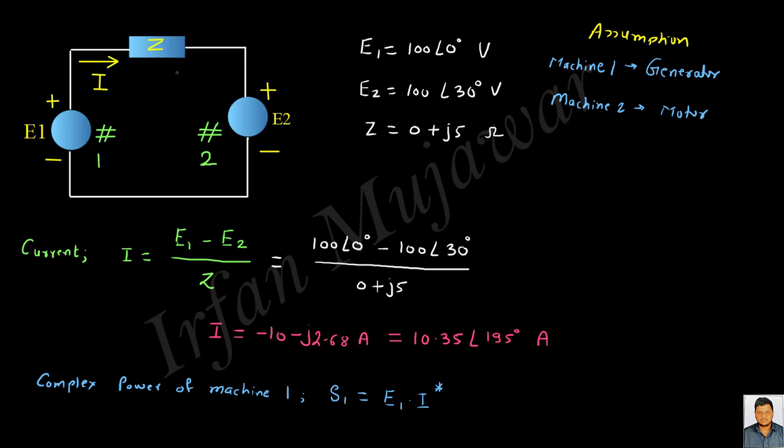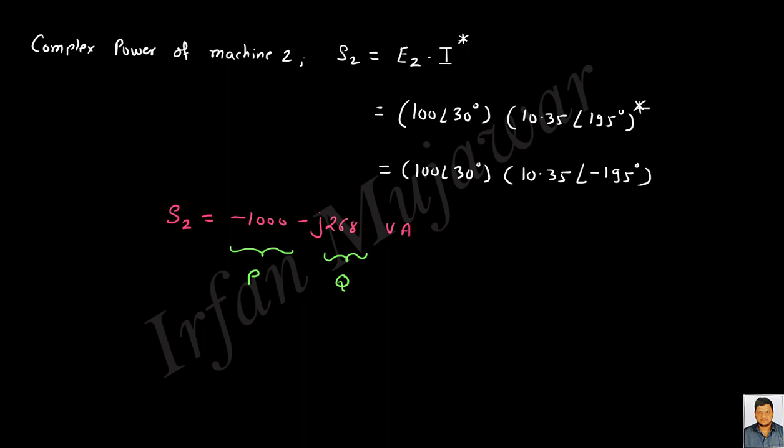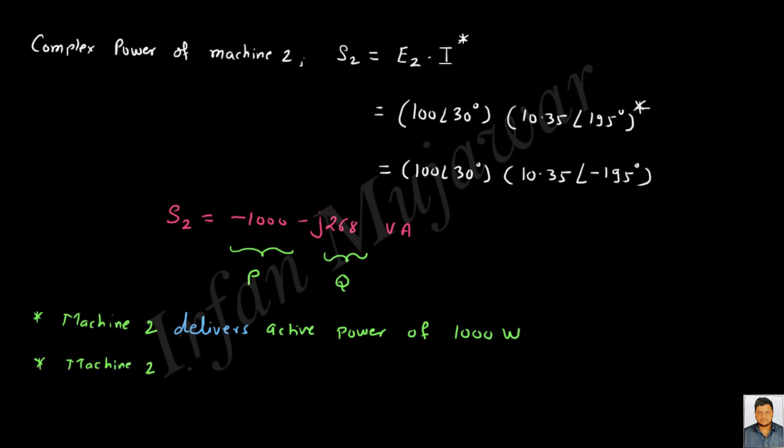We are getting reactive power also negative, meaning it is also delivering reactive power. So the machine is delivering both active power as well as reactive power. So we can write that machine 2 delivers active power of 1000 watt, and machine 2 delivers reactive power of 268 var.